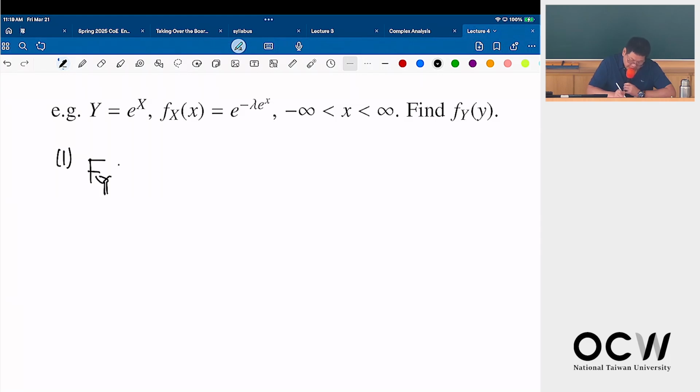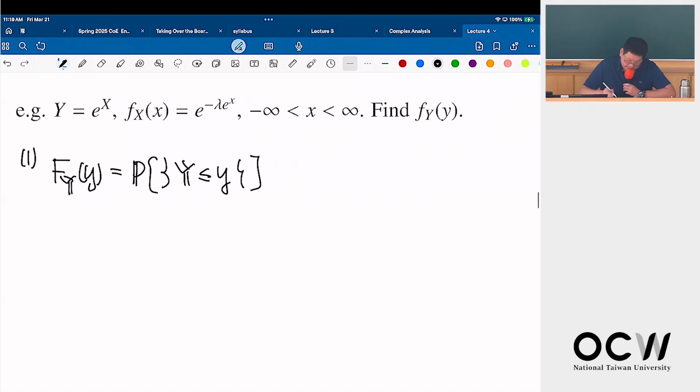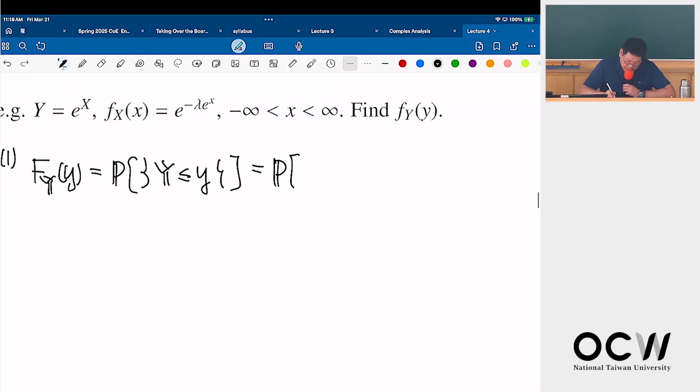What is the CDF of y? That is the probability of your random variable y being less than or equal to some point y. And then we replace y by the example here, e to the x.